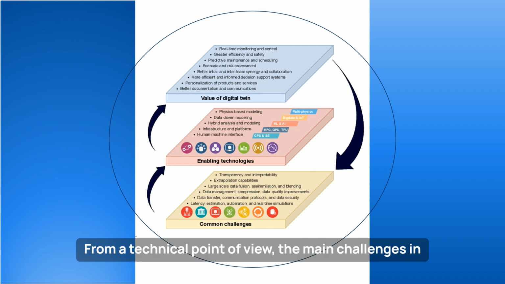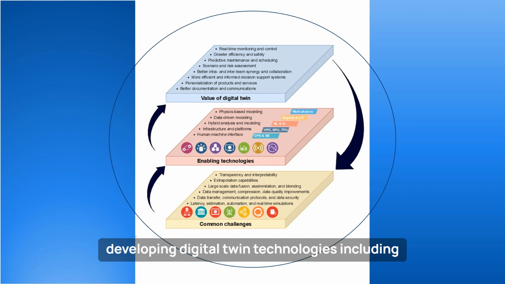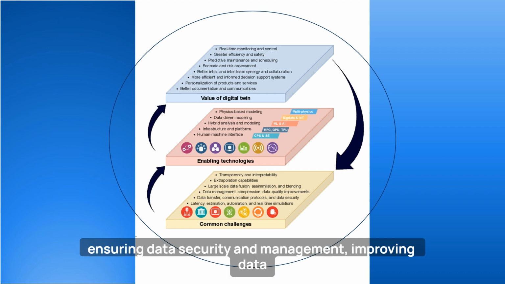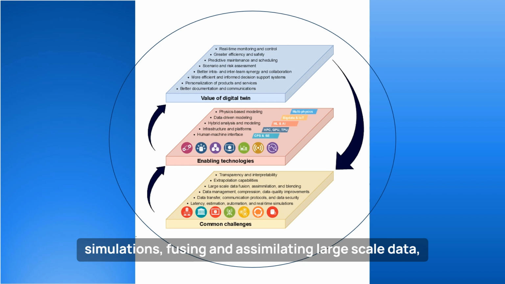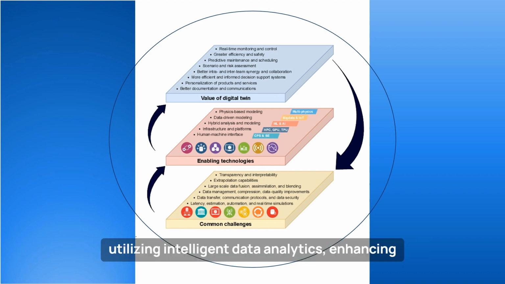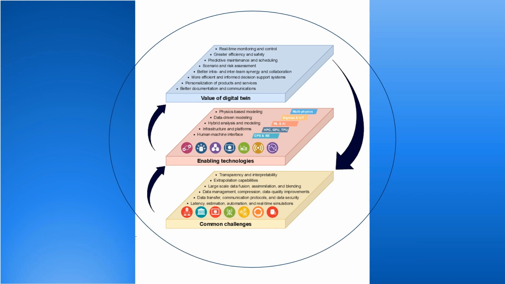From a technical point of view, the main challenges in developing digital twin technologies include ensuring data security and management, improving data quality, reducing latency, performing real-time simulations, fusing and assimilating large-scale data, utilizing intelligent data analytics, enhancing predictive capacity, promoting transparency, and generalizing technologies across a wide range of application areas.